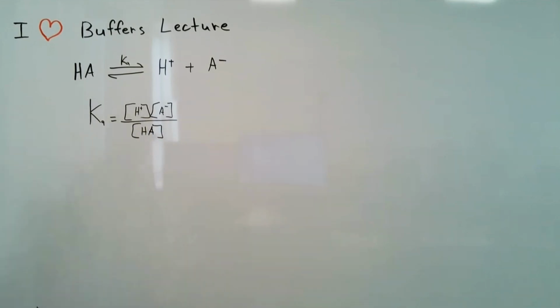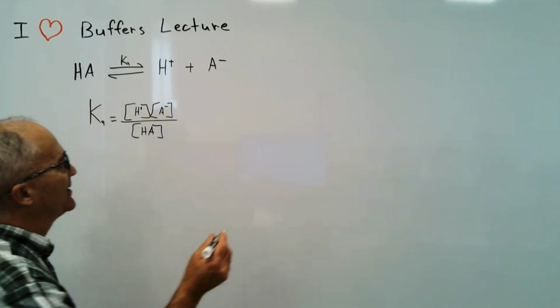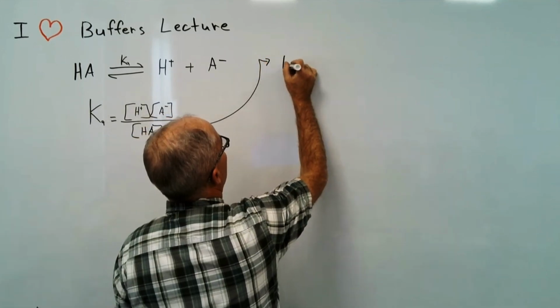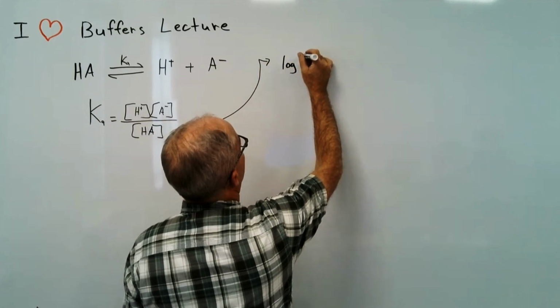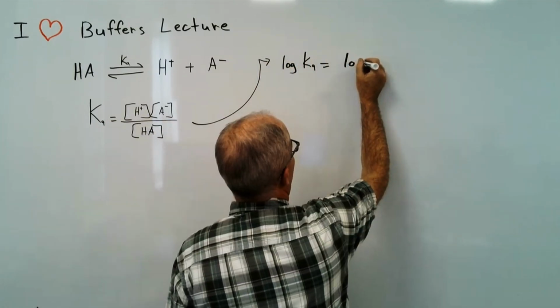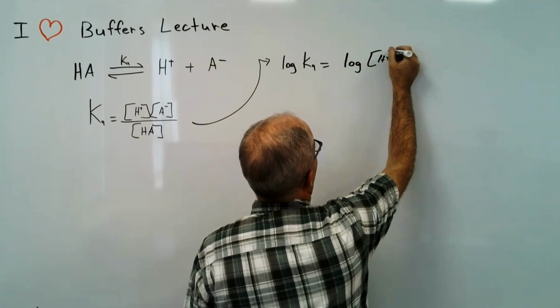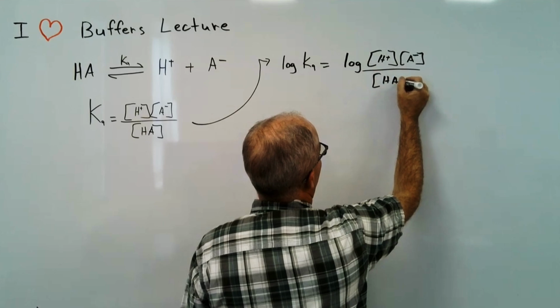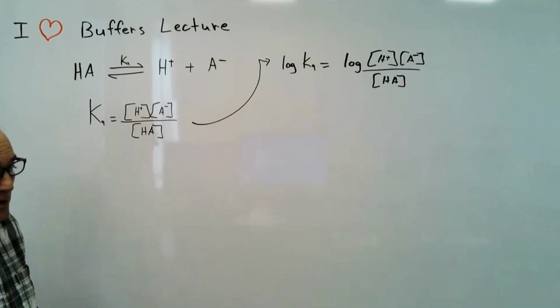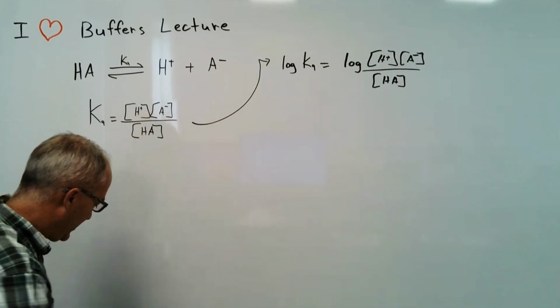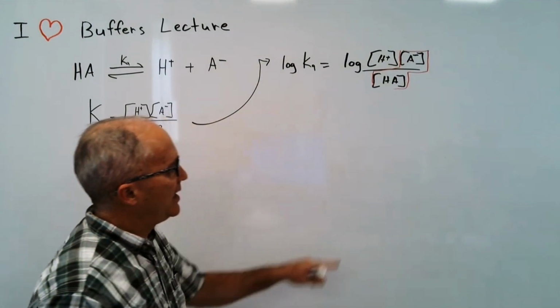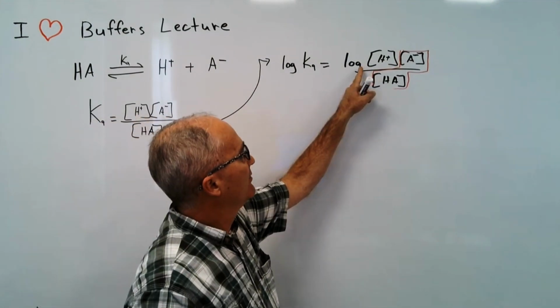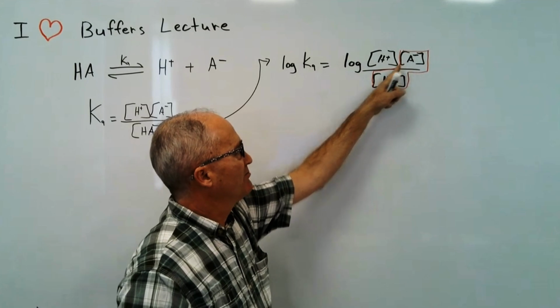All right, now, what if I take the log of both sides of this thing? I'm going to go log of Ka equals the log of H times anion over HA. Now it turns out I can think of this thing as a product of log of H times this thing.